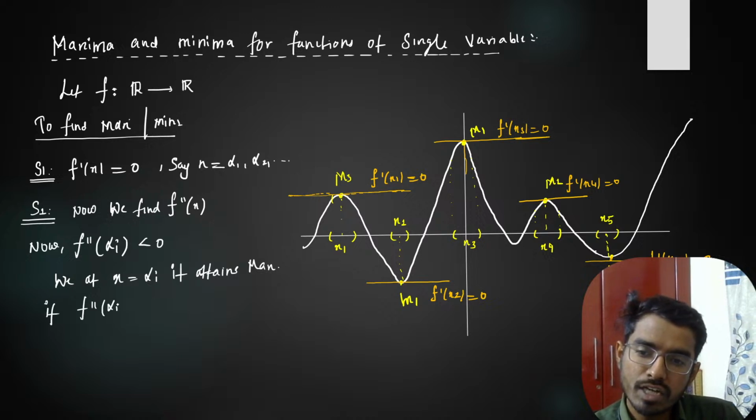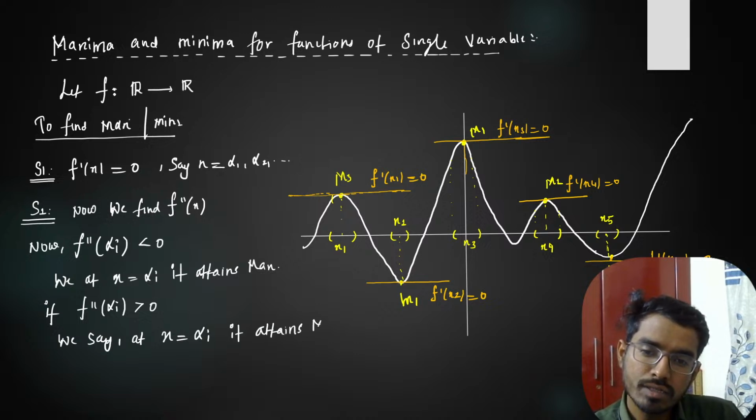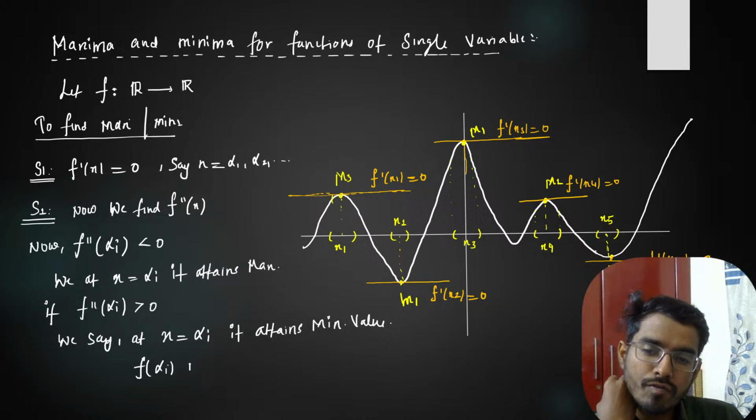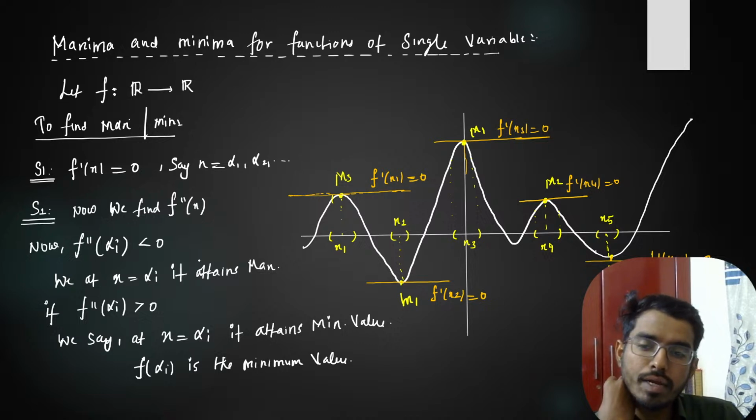If f double dash of alpha i is greater than 0, we say at x is equal to alpha i, it attains a minimum value, right? It attains a minimum value. And what is our minimum value? f of alpha is our minimum value. And this f of alpha is our maximum value.